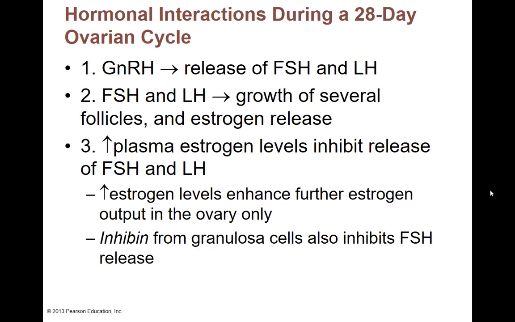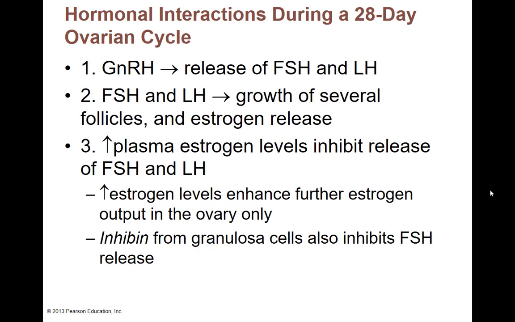An increase of plasma estrogen, estrogen that has left the ovaries and gotten into your blood supply, will inhibit the release of follicle stimulating hormone. So enough of this will actually be a negative feedback on these. That's my negative.